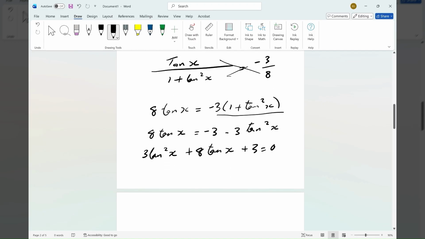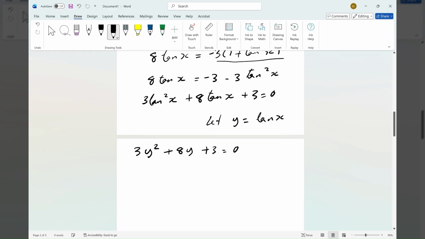Now let y equal tan x. Therefore, we have 3y squared plus 8y plus 3 is equal to 0. Here we are left with a simple quadratic equation.